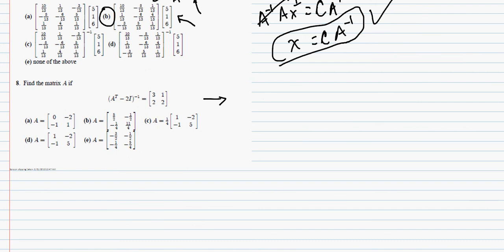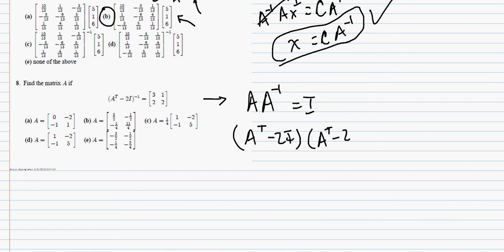First of all, we know that A times A inverse is equal to an identity. So I want to put an identity on this side. How will I do that? Well, I'll just multiply by (A transpose minus 2I) inverse on both sides.